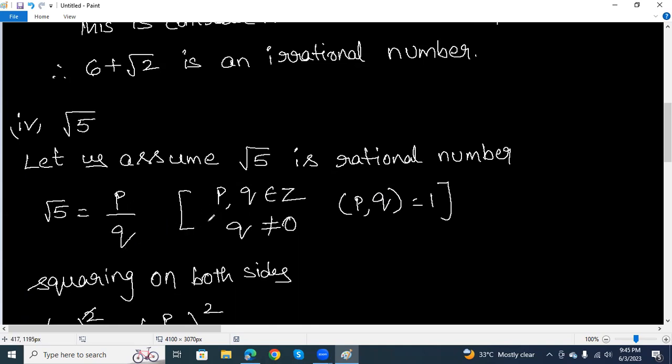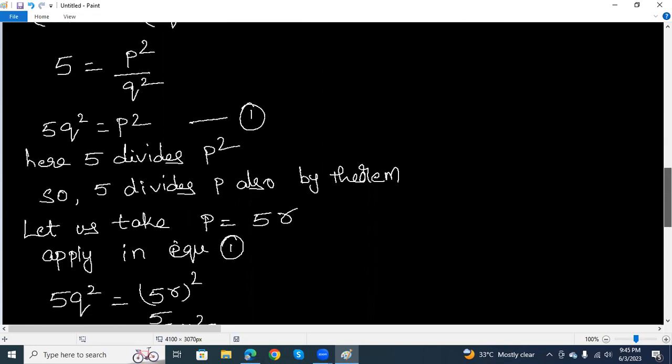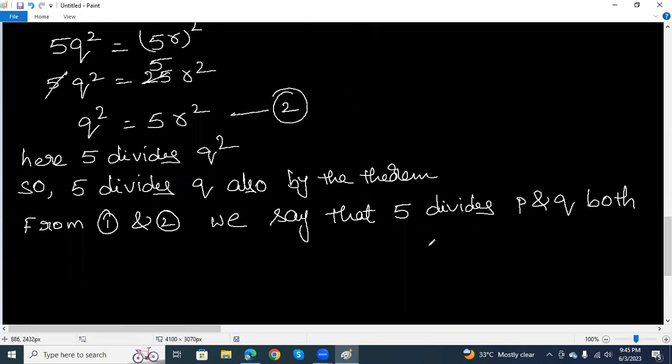That means 5 is a common factor for both of them. But according to our definition, our rational number should not have any common factor. But finally, we got that they have a common factor 5. 5 is a common factor of p and q.